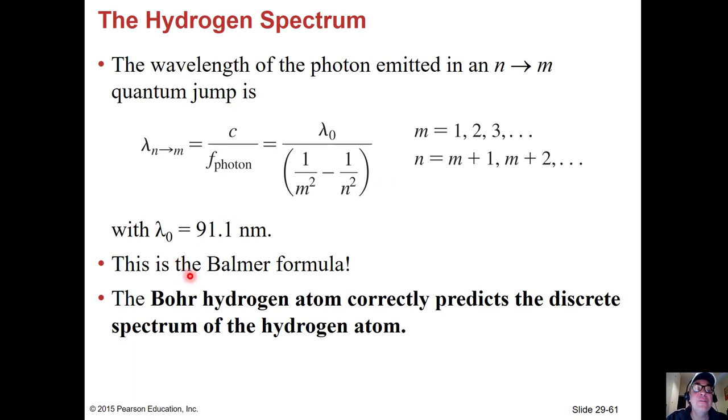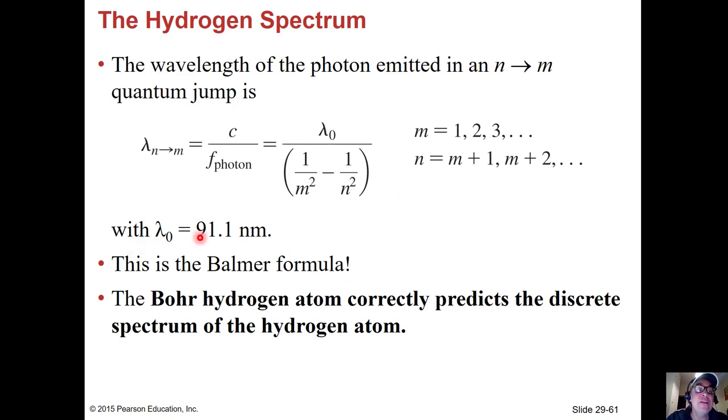Remember when we first started talking about this, Balmer came up with the formula just based on behavior. He didn't know anything about the underlying physics behind it. So this is the underlying physics behind it, looking at the transitional energy of a photon. And it's the exact same formula.